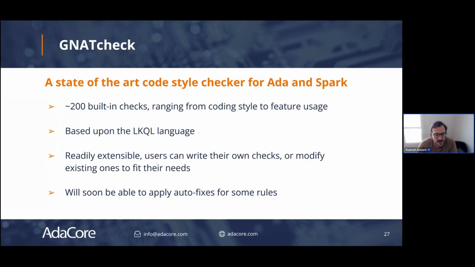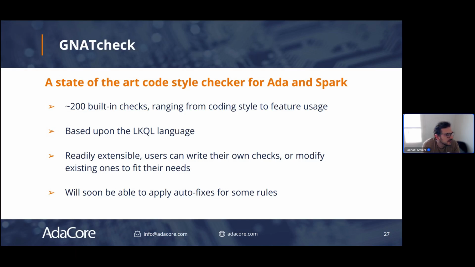It is readily extensible by users because the LKQL language is interpreted. So basically, GNATcheck is an interpreter with a collection of built-in checks that the interpreter can run. The result of that is that users can write their own checks or modify existing ones to fit their needs.